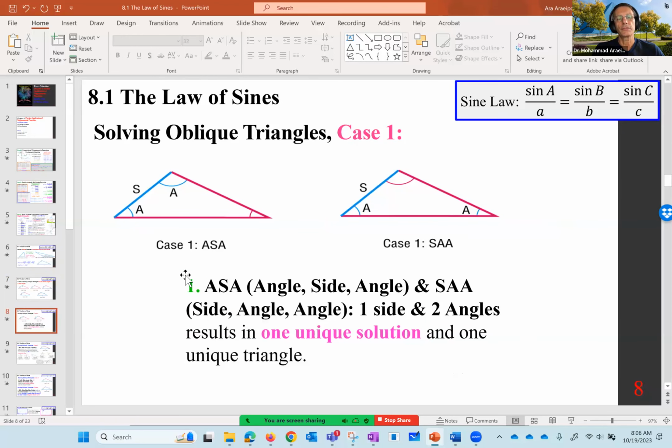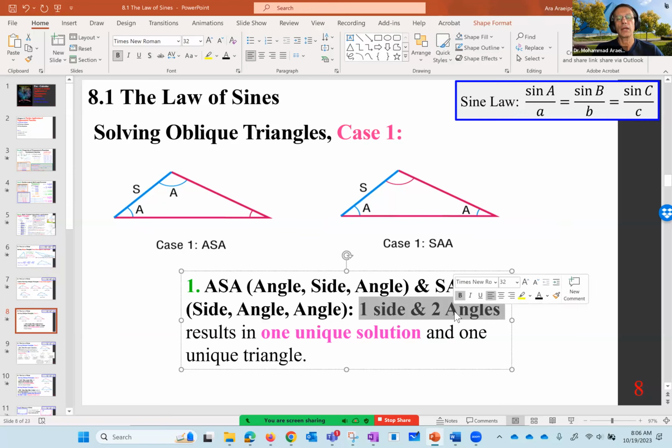In the first case, angle, side angle, or side angle, angle, one side and two angles are known. We get a unique solution.